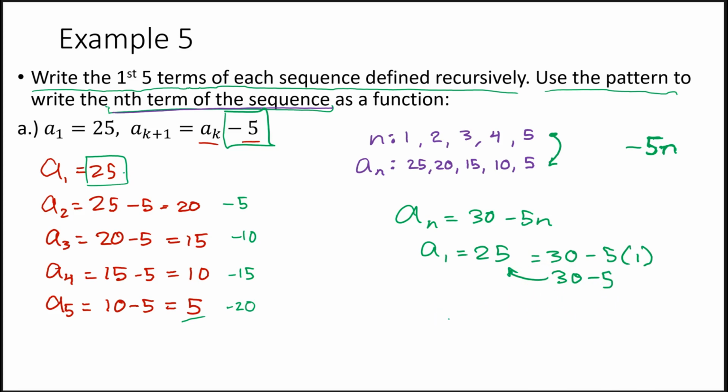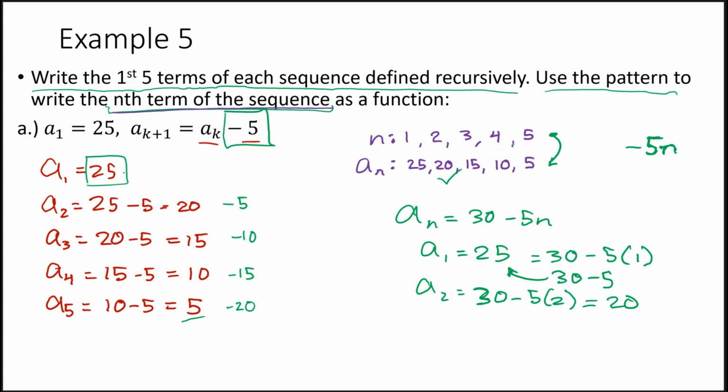Let's see if it works. A sub 2, 30 minus 5 times 2, that would be 10. 30 minus 10 would be 20, and that works. And 5 times 3 is 15, and 30 minus 15 is 15. 5 times 4 is 20, and 30 minus 20 is 10.